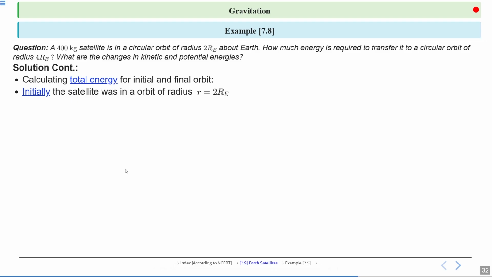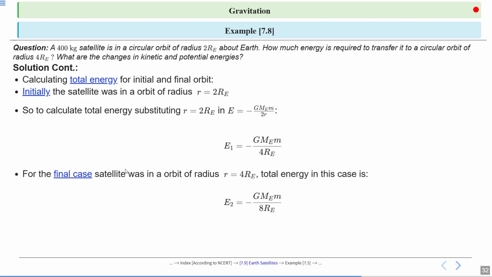This is our starting point for calculating the total energy. Remember, the radius is a crucial factor in determining the gravitational energy. So to calculate the total energy, substituting r is equal to 2 times Re in E equal to minus G Me m divided by 2r. So E1 is equal to minus G Me m divided by 4 Re.